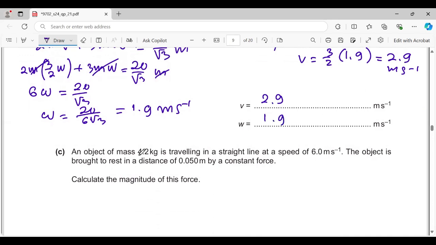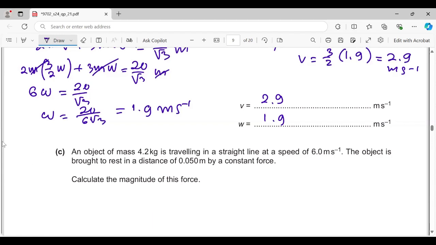An object of mass 4.2 kg is traveling in a straight line at a speed of 6 meters per second. The object is brought to rest in a distance of 0.05 meter by a constant force. Calculate the magnitude of this force.